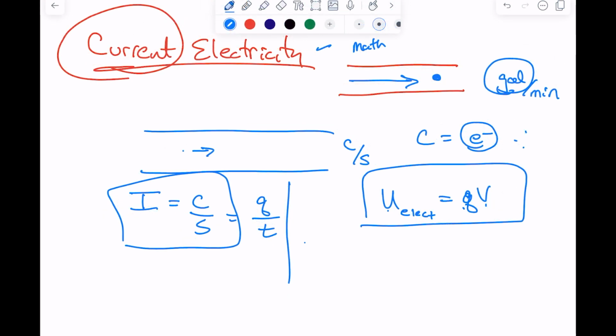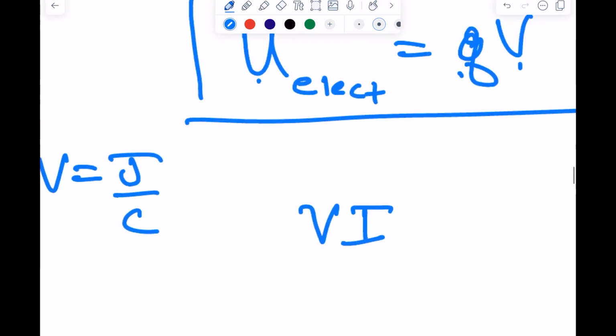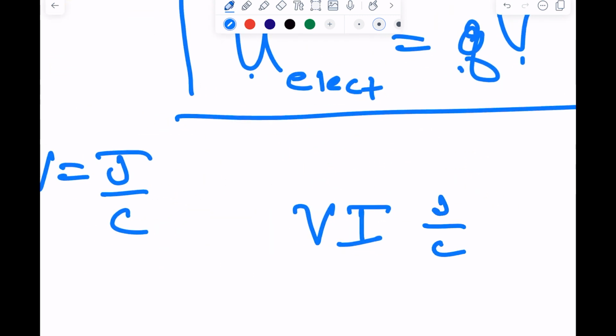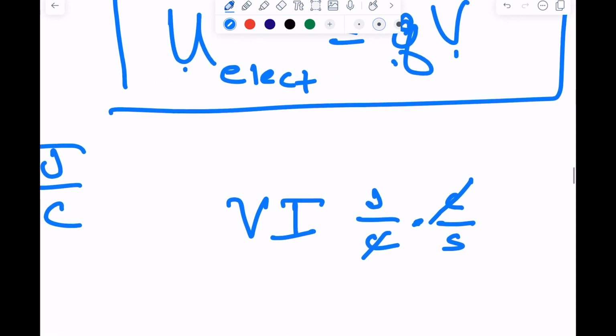And if you remember that a volt is a joule per coulomb, all right, watch what happens here if I take V times I. I just can do it dimensionally. If I take V times I, V is a joule per coulomb, and I times it by a coulomb per second. The coulombs cancel, and you get a joule per second.